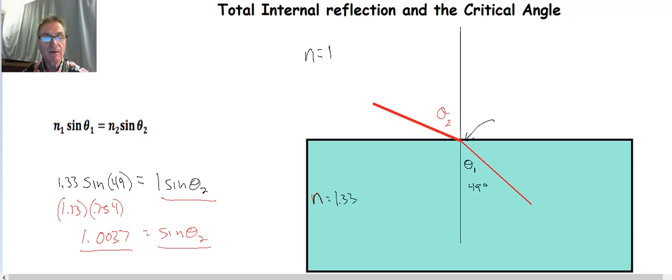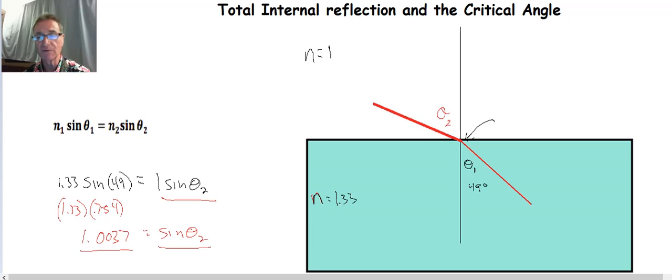Well, if you're astute at sines and cosines, you're going to notice right away we have a problem. The greatest value that the sine of any angle can be is 1. Well, we have 1.0037. And if we try and figure out what theta 2 is, using the inverse sine function on our calculator, we're going to get something called a domain error. It's not going to work, okay?